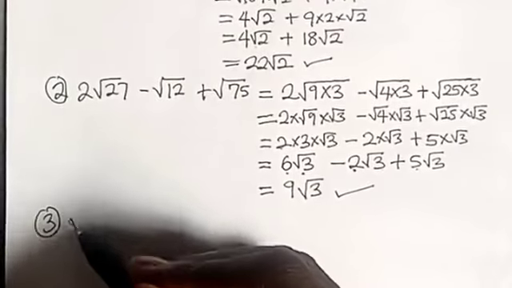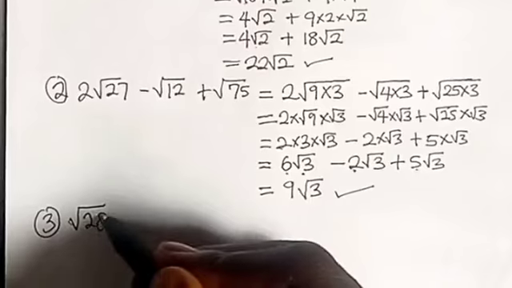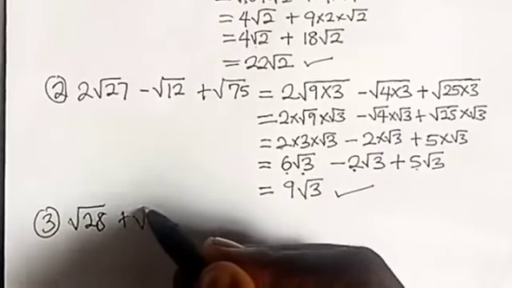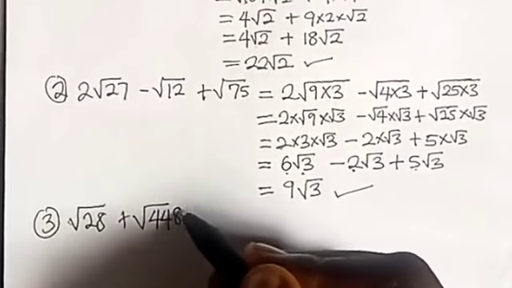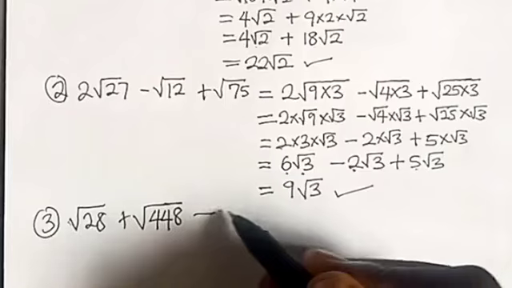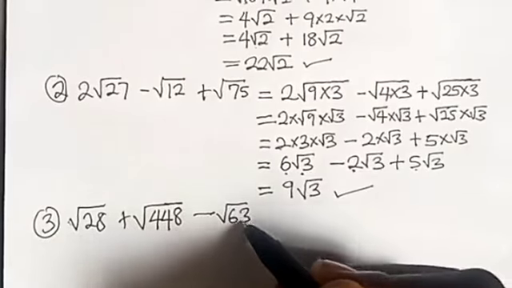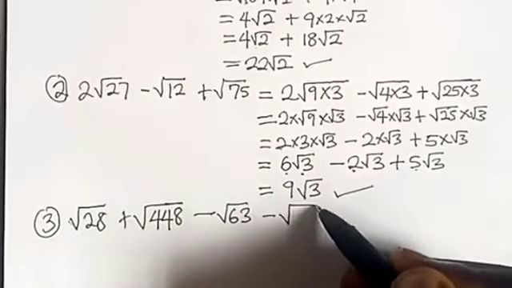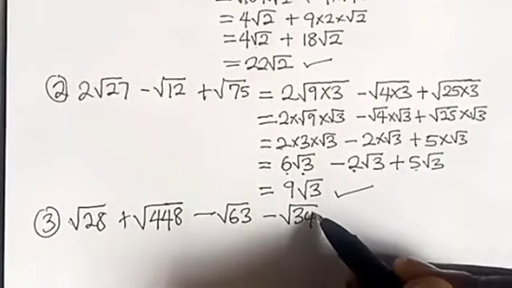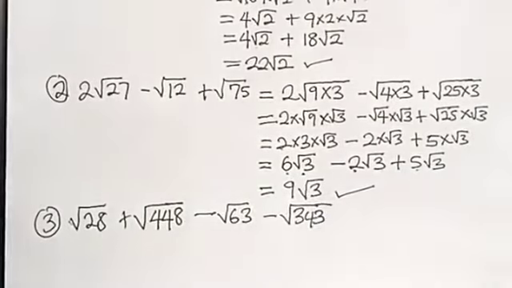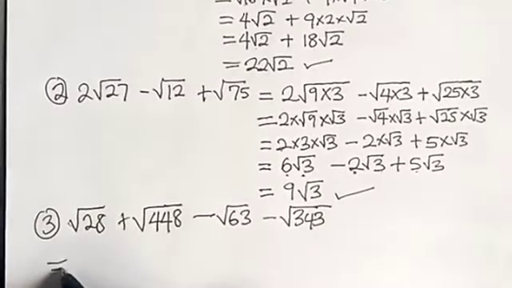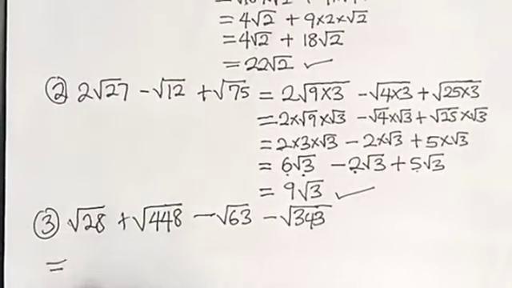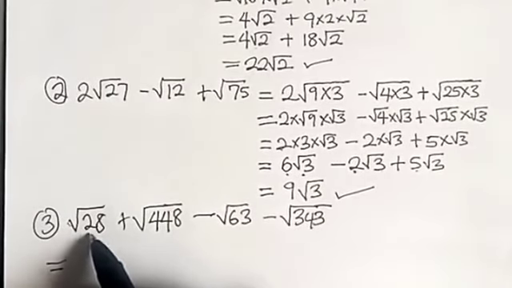So move to the final one. We have root 28 plus root 48 minus root 63 minus root 343. Okay, so this can be solved. You observe that here we can get the perfect square. 4 times 7 will give me 28.